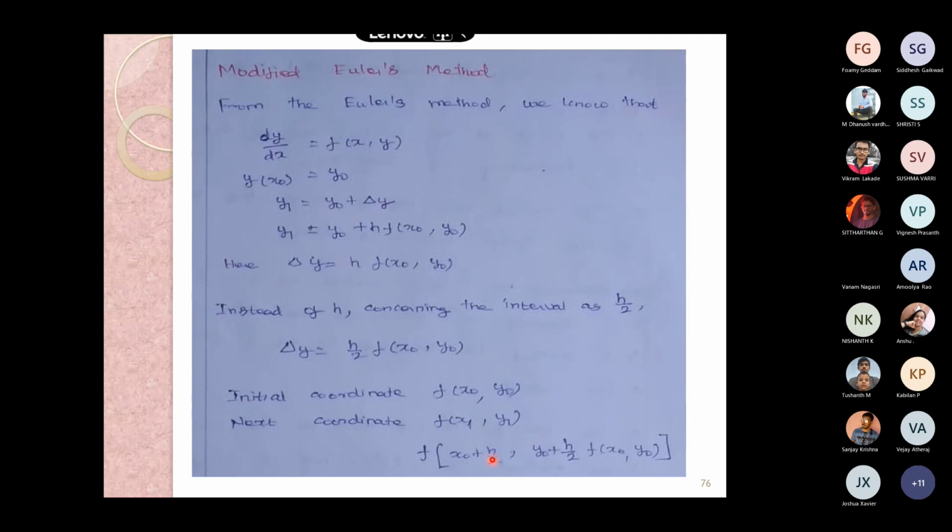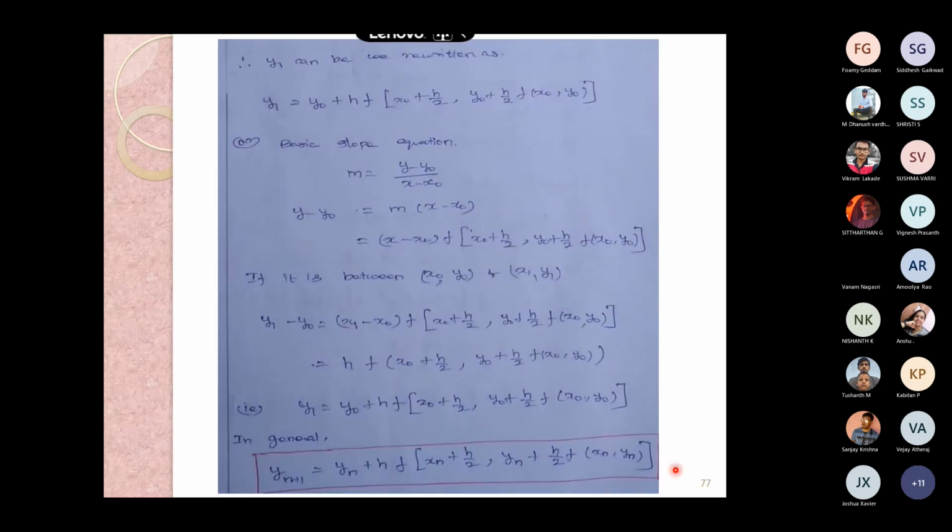Here f of x naught plus h by 2 comma y naught plus h by 2 into f of x naught y naught. The basic slope m is equal to y minus y naught, as we usually read about y1 minus y2 divided by x1 minus x2. Here y minus y naught divided by x minus x naught. From this information, y minus y naught is equal to m into x minus x naught.